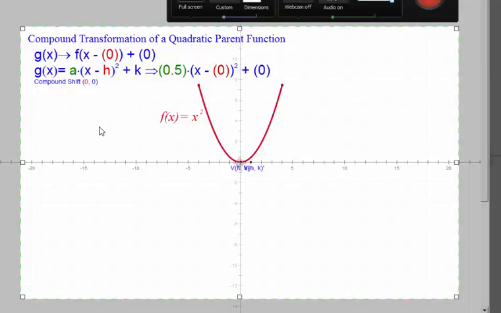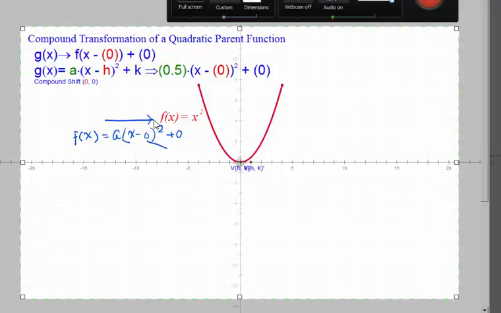Today's lesson is about transformation of a quadratic parent function, which is given as this. You can say it is a function f of x equals a(x minus 0)² plus 0.